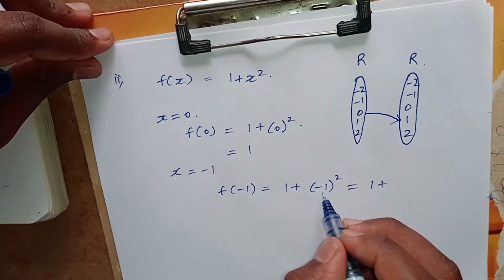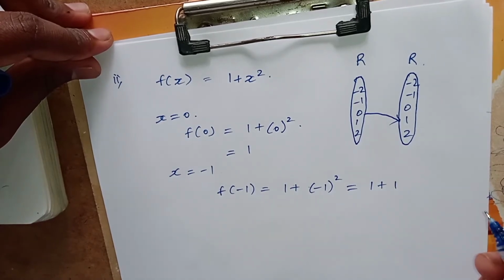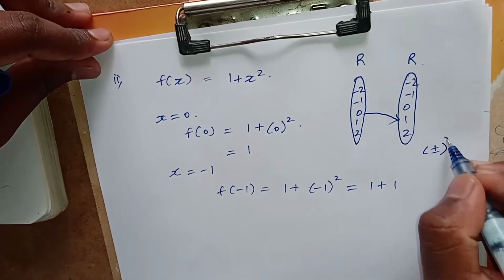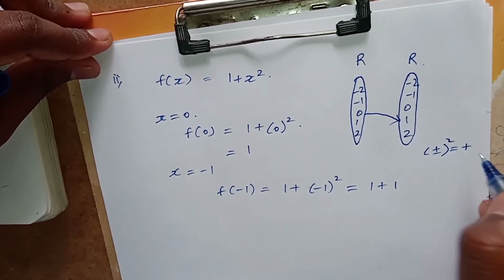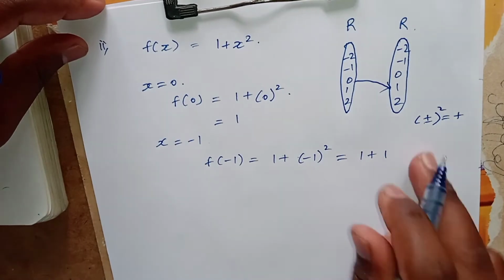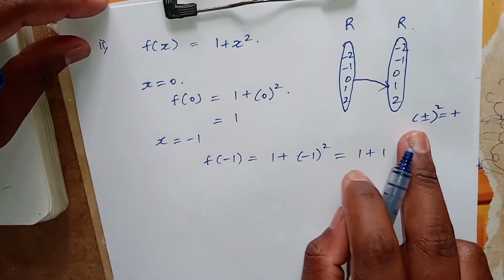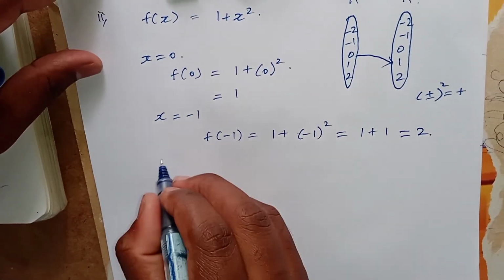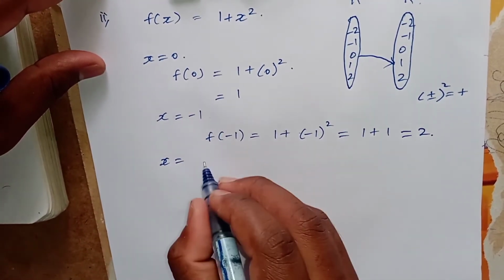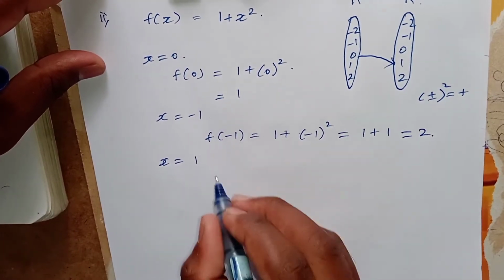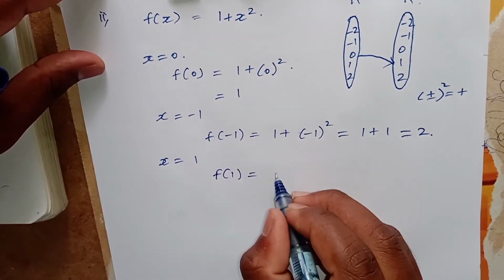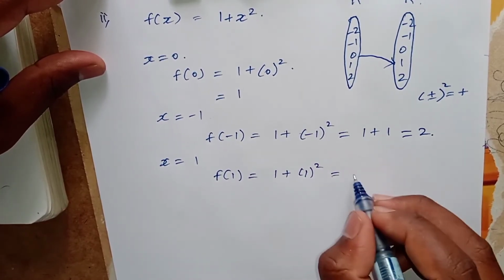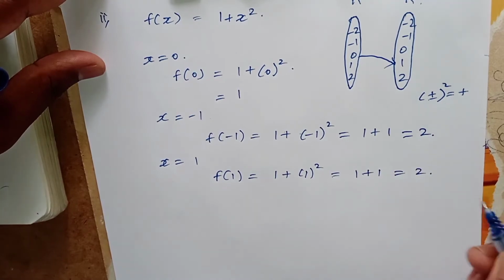Squaring minus 1 becomes only plus 1. In squaring, whether I take plus or minus, only positive values come out; the negative values will never come. Therefore 1 plus 1 equal to 2. Again x equal to plus 1, f of 1 is 1 plus 1 squared, 1 into 1 is 1, 1 plus 1 equal to again 2.